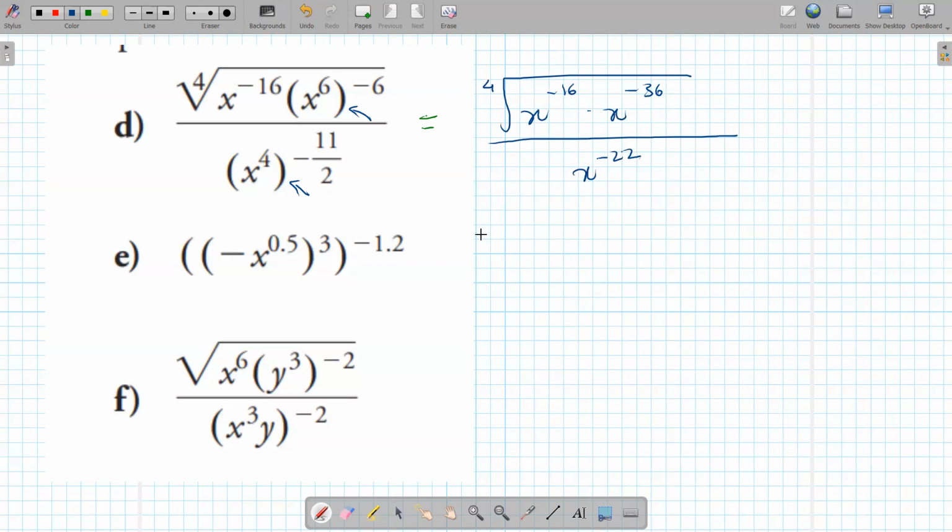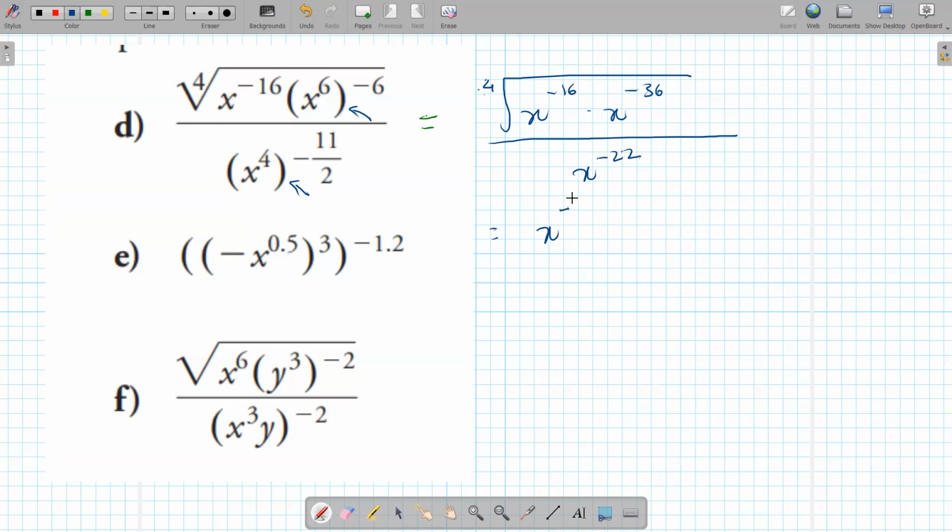Okay, first step. What about next? You want to attack the fourth root and this. What's the fourth root of x to the -16? Oh, you can rewrite that in exponent form.